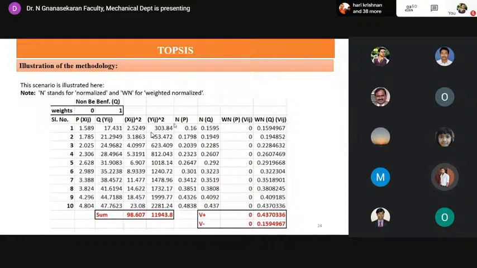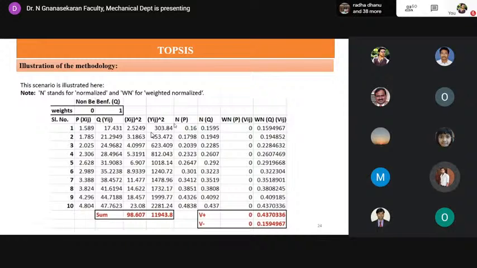Now, here I am going to consider Q to be the beneficial parameter because I want enhancement of heat transfer, or more heat dissipation. So I consider the beneficial parameter to be Q and the non-beneficial parameter to be P. I don't want P, the pumping power, to be more. Hence, I consider this to be the non-beneficial parameter.